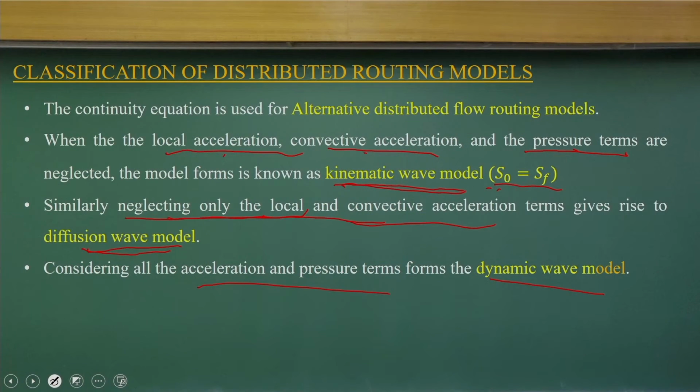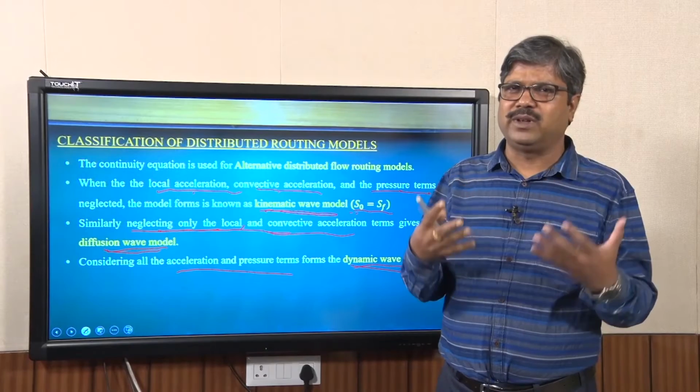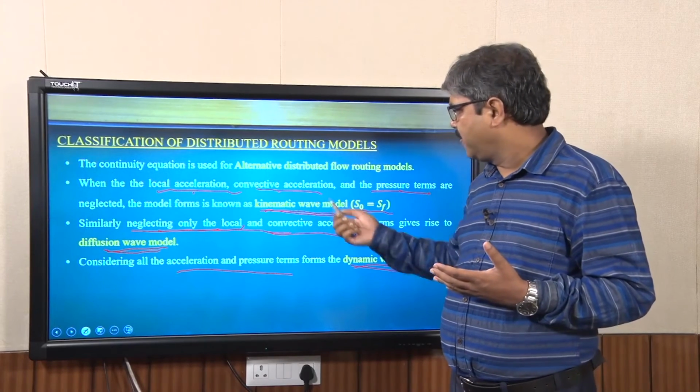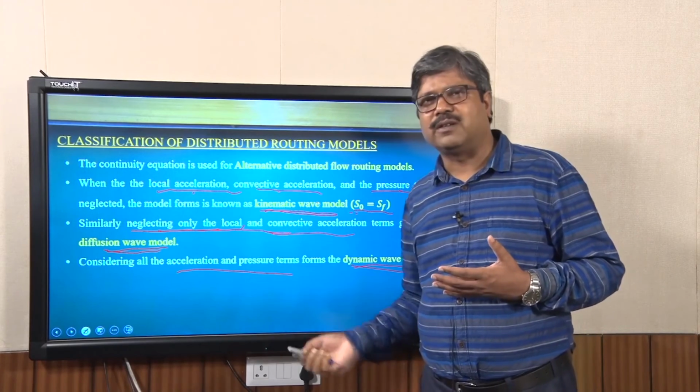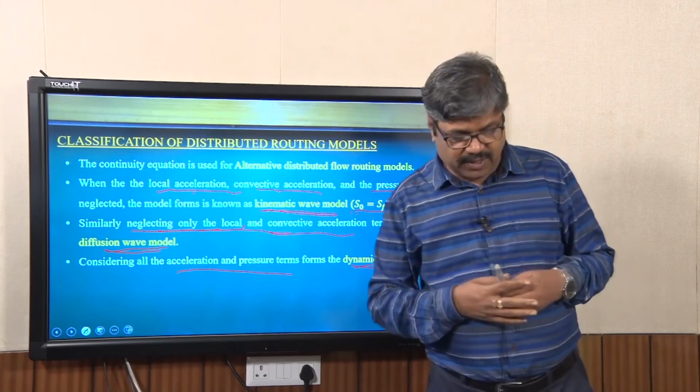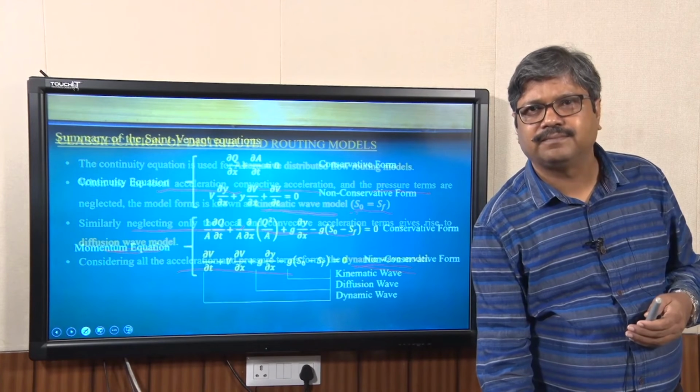If you consider the full Saint-Venant equations, then we call it the dynamic wave model. So whenever you do flow routing using the Saint-Venant equations, you can look at whether you are doing it with kinematic wave, diffusion wave, or dynamic wave models.